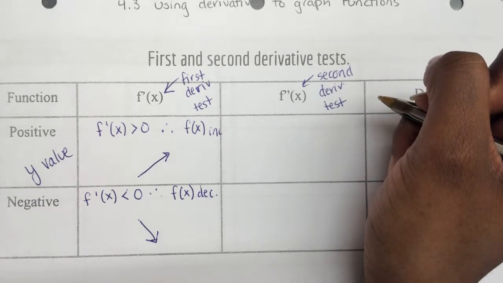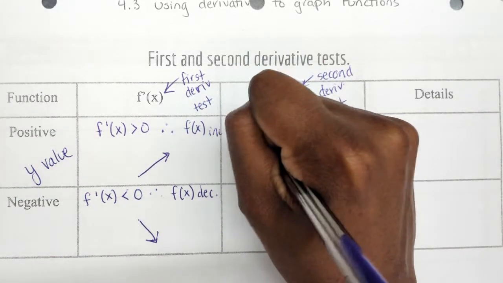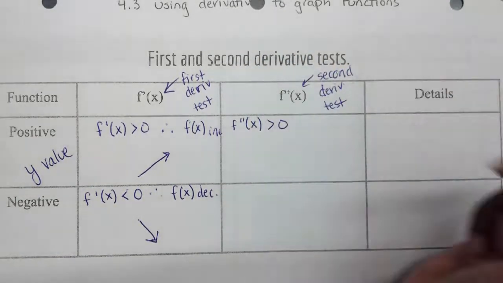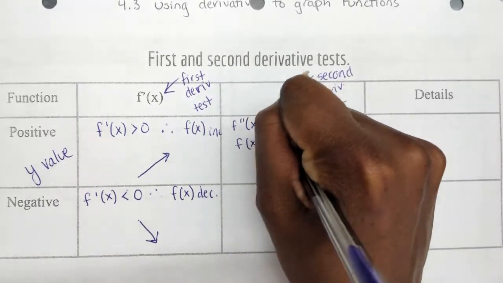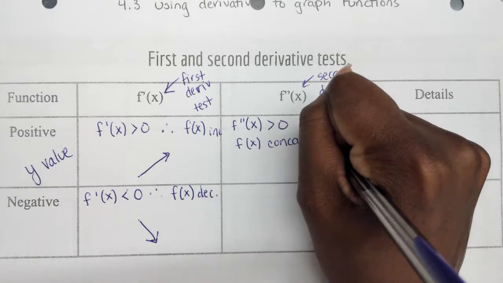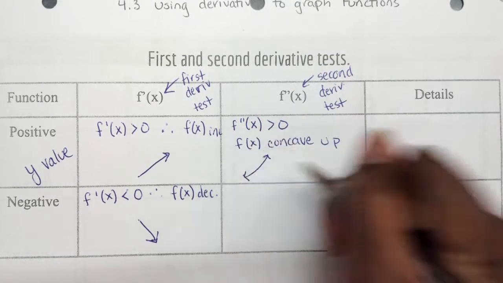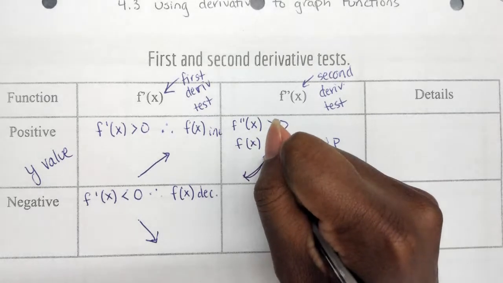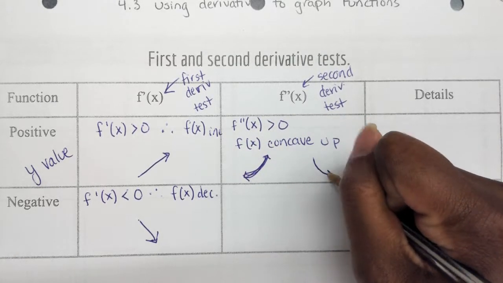For our second derivative test, if f double prime of x is greater than 0, then that means f of x is concave up, which means it can look like this, or this is a curve, by the way, or it can look like this.